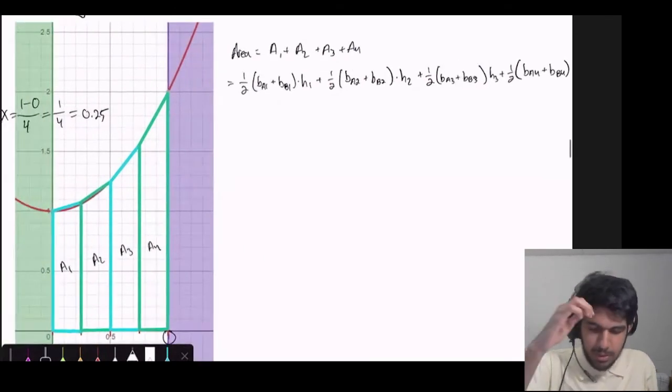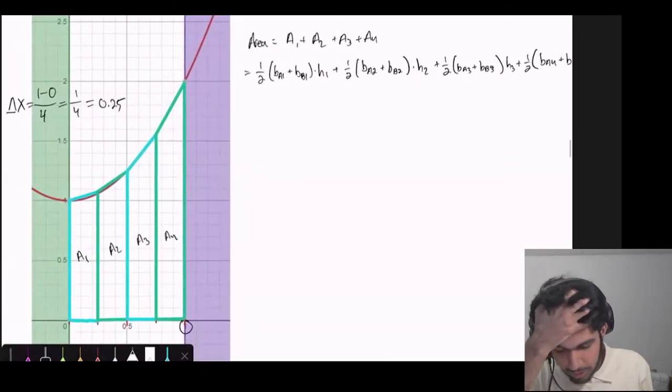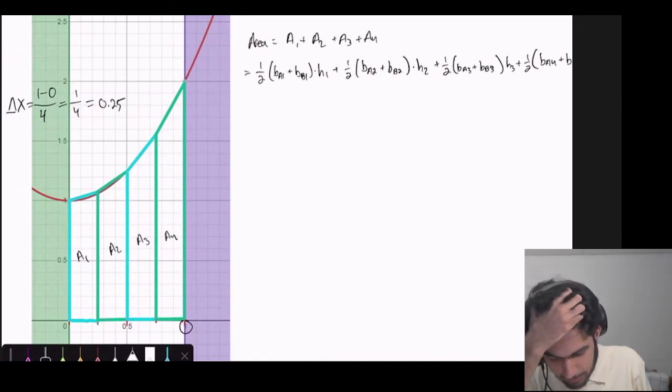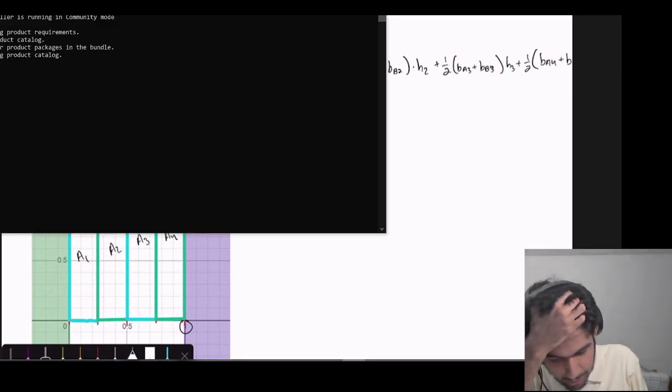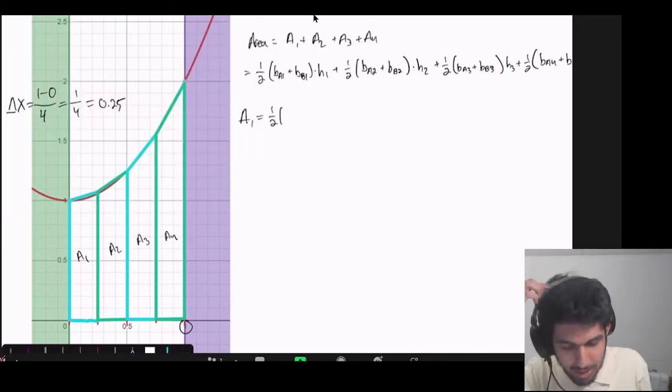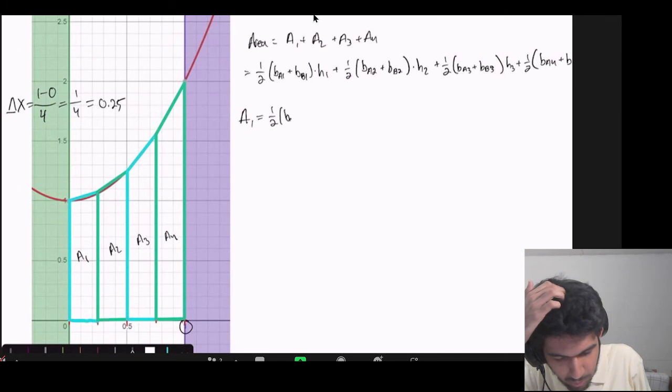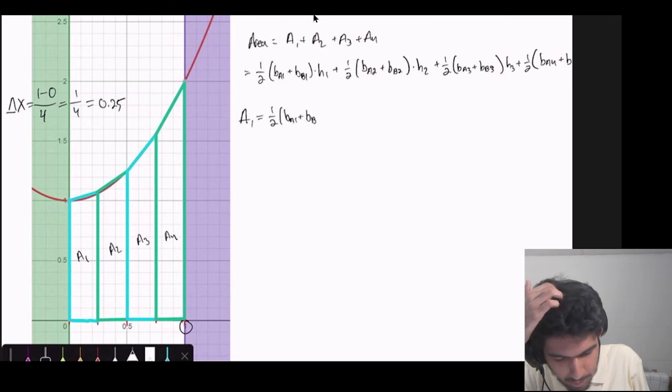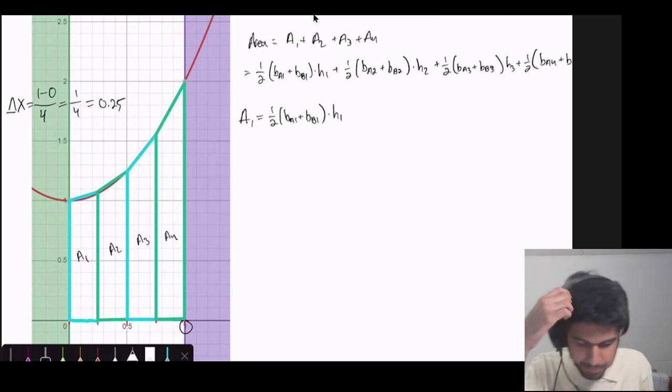Okay, beautiful. Let's take a look at it one component at a time. Let's just look at a1: 1/2 (ba1 plus bb1) times h1.